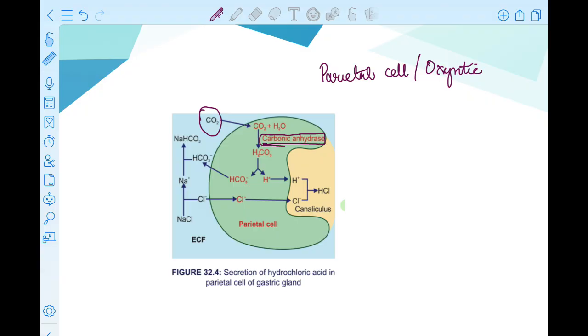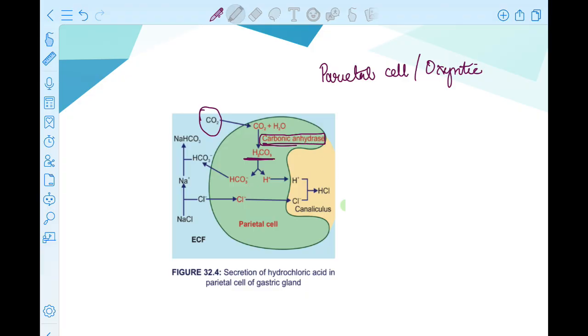So this is the enzyme and this is the end product. Then this carbonic acid splits into bicarbonate and H plus. The H plus is actively pumped into the canaliculus, so it is pumped outside the cell.